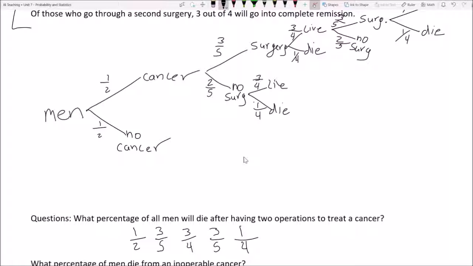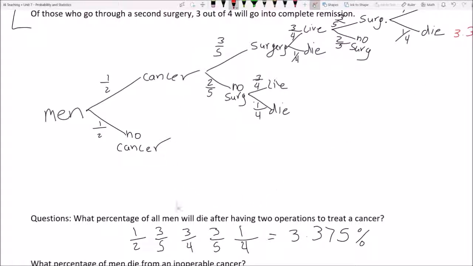And I get 0.03375. So that would be 3.375%. And I'm going to label that up here, that this outcome for a man happens 3.375% of the time.